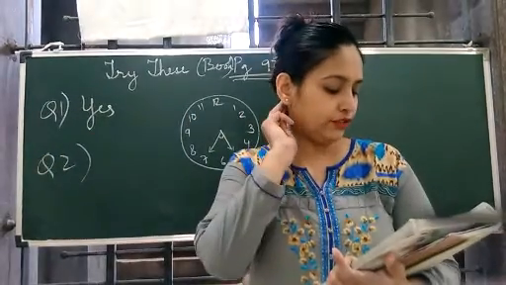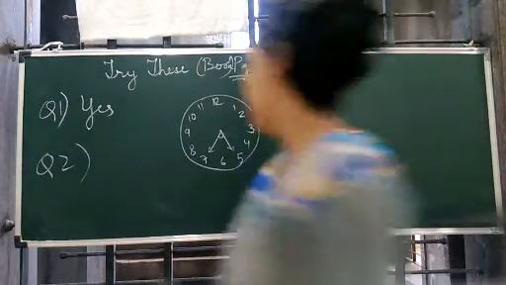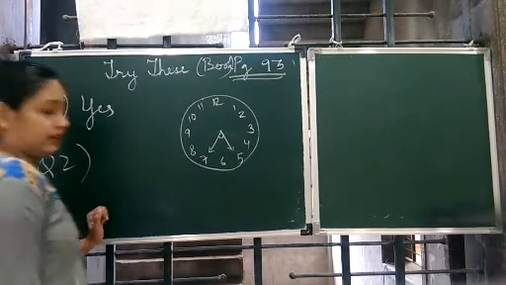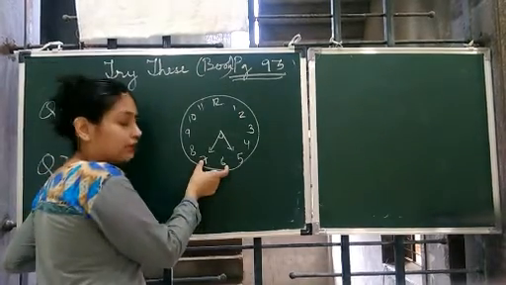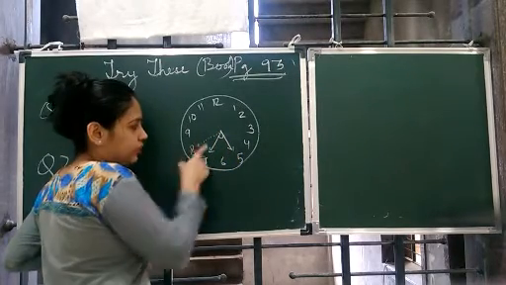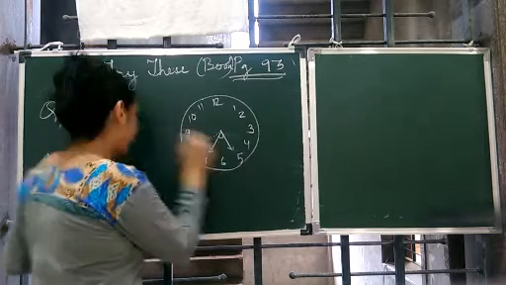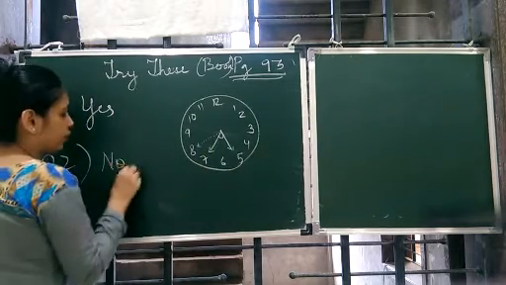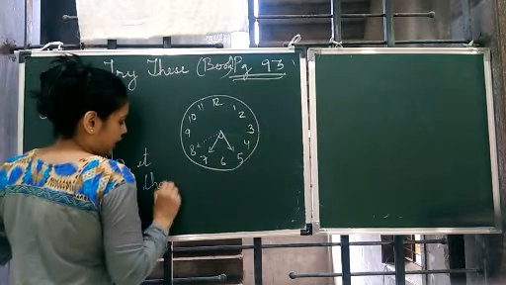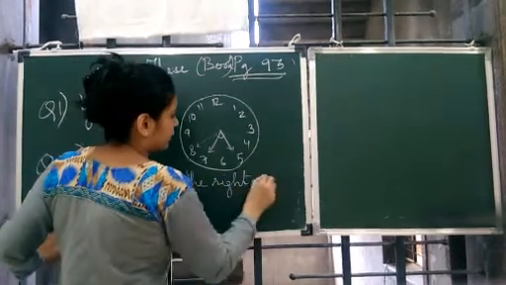Is the angle moved more than one right angle? First and foremost, you check where the right angle will be. Right angle will be after leaving two numbers in between, means here. So is it more than the right angle? No, it is not. It is less than the right angle.